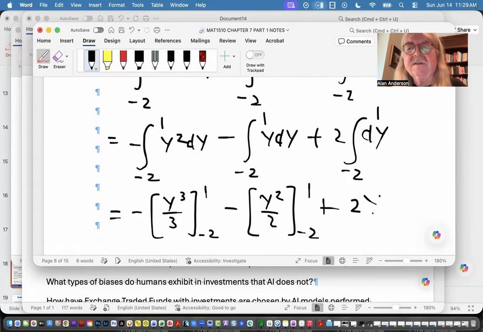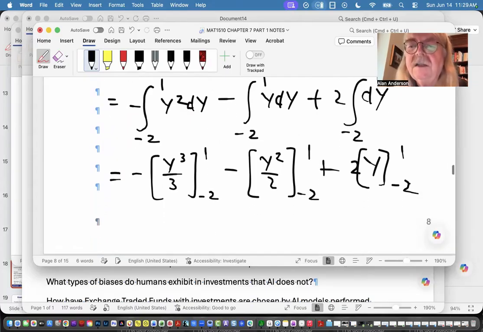So it's not a very complicated integral. The setup is what we're really trying to learn about here.